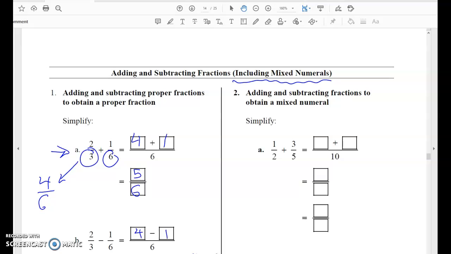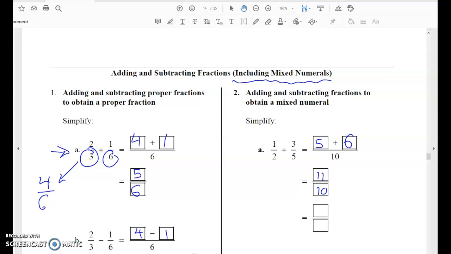You can see I've already got a denominator of 10 in the first step of the working, so we're going to change these to numbers out of 10. So a half, that's 5 out of 10. And 3/5, that's going to be 6 out of 10, which is double the top and the bottom. So I'm going to have 11 out of 10.